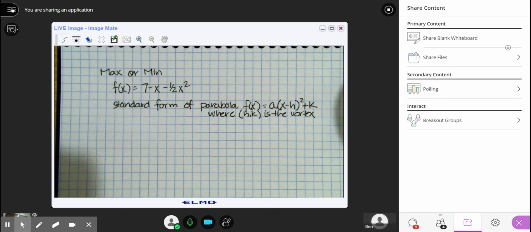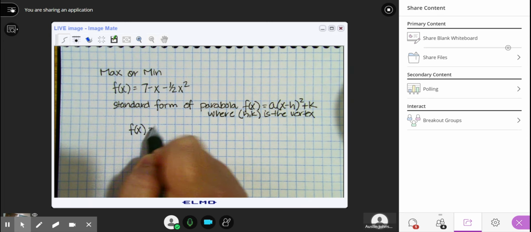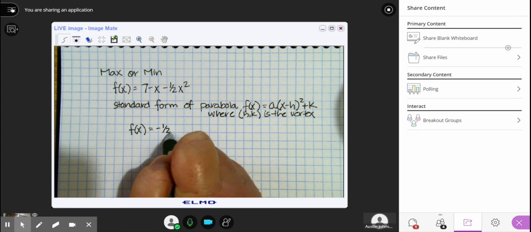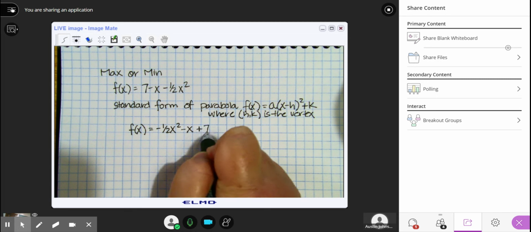Keeping in mind that for a parabola, the vertex is going to be either a maximum or a minimum, right? So I've got f of x, and I'm going to rewrite this as a negative 1/2 x squared minus x plus 7.